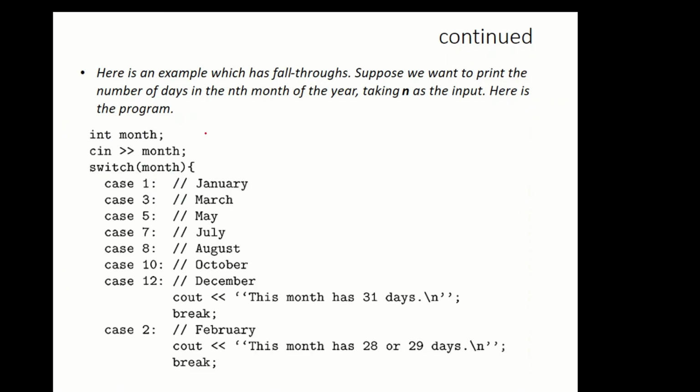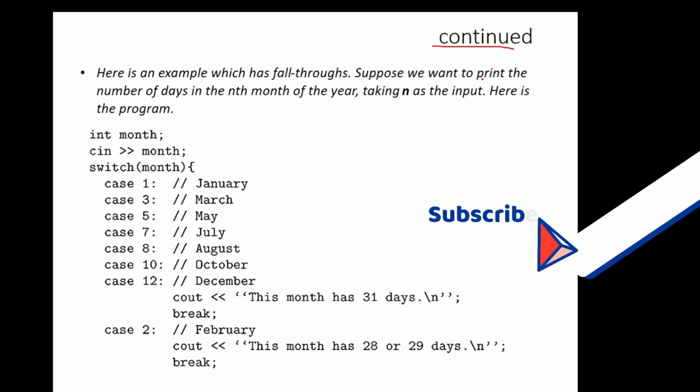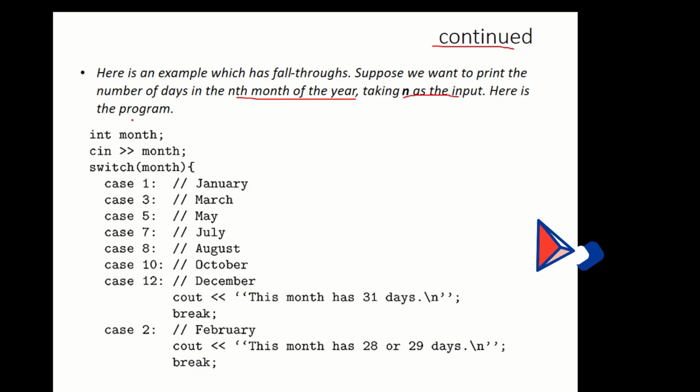Good. Then the next one is an example for months. Suppose we want to print the number of days in the nth month of the year, reading n as input. Here is the program, which uses fall-through.